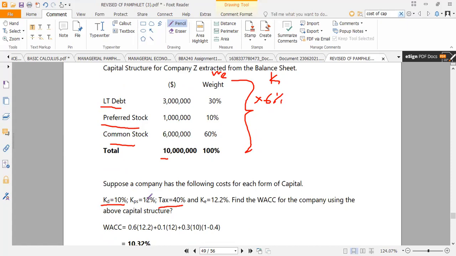And we already calculated the cost of preferred stock, which is given here as 12%. Then the cost of common stock has been calculated as 12.2%. When you compute all this, you're going to find the final answer as 10.32%.